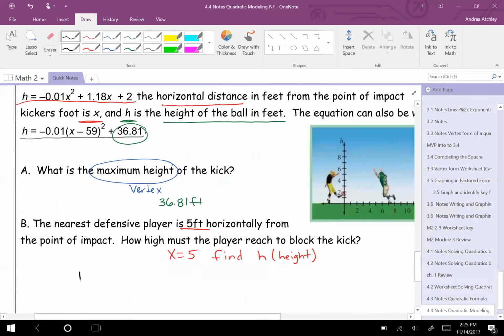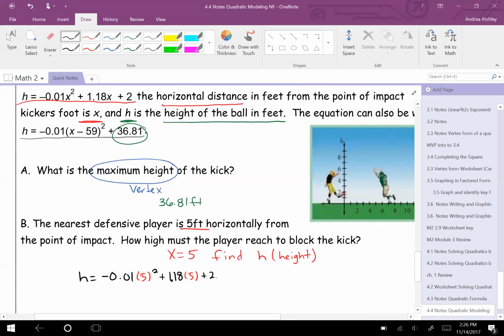So I'm going to have h equals negative 0.01 times 5 squared plus 1.18 times 5, and then plus 2.